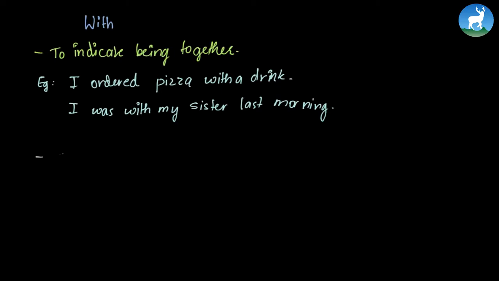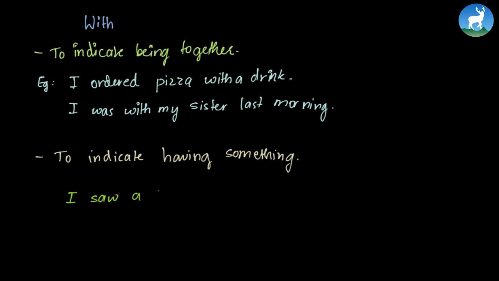We can also use with to indicate having something. You can have a quality. For example, I saw a girl with black hair. So here, a girl has black hair, a quality that a person possesses.